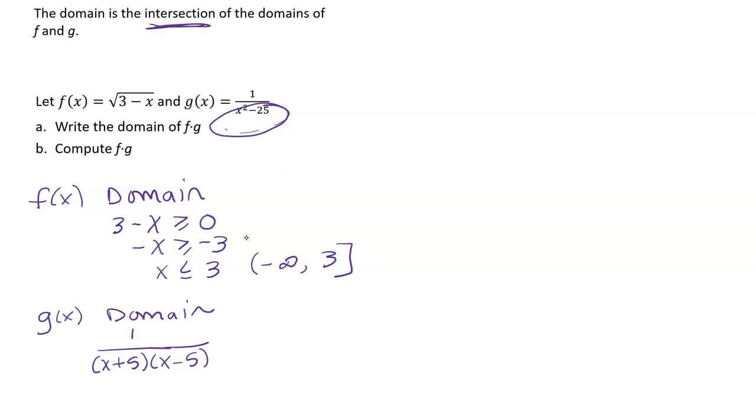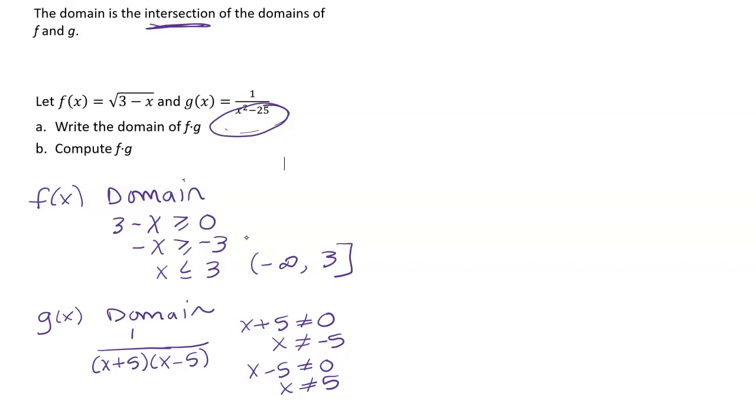So we have a difference of squares, and then we can set each of these not equal to 0. So x plus 5 cannot equal 0, which means x cannot equal negative 5, and x minus 5 cannot equal 0, which means x cannot equal positive 5. So now we know the restrictions on x for g of x.